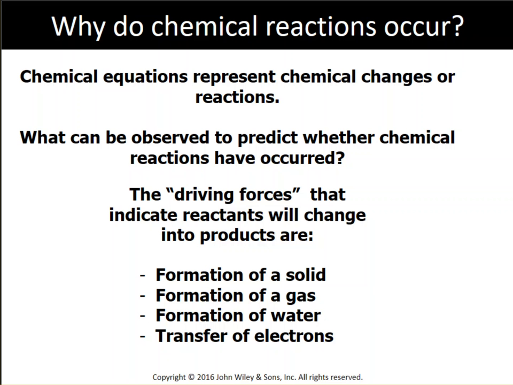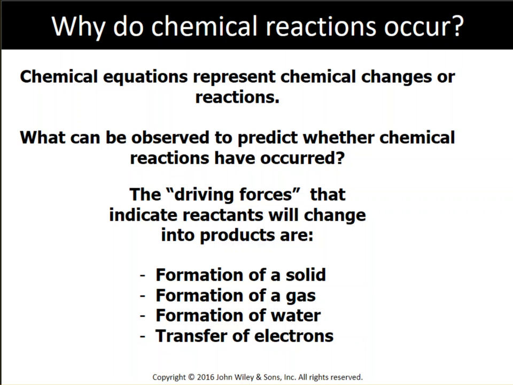Now, there are some driving forces for the chemical reaction to take place. These are given here, and these are also indications of chemical reaction. So if you mix 2 solutions, if you observe a formation of a solid, if you observe a color change, if you observe a formation of a gas, if you notice that the reaction mixture is either getting hot or cold, those are all indications or evidences of chemical reactions.